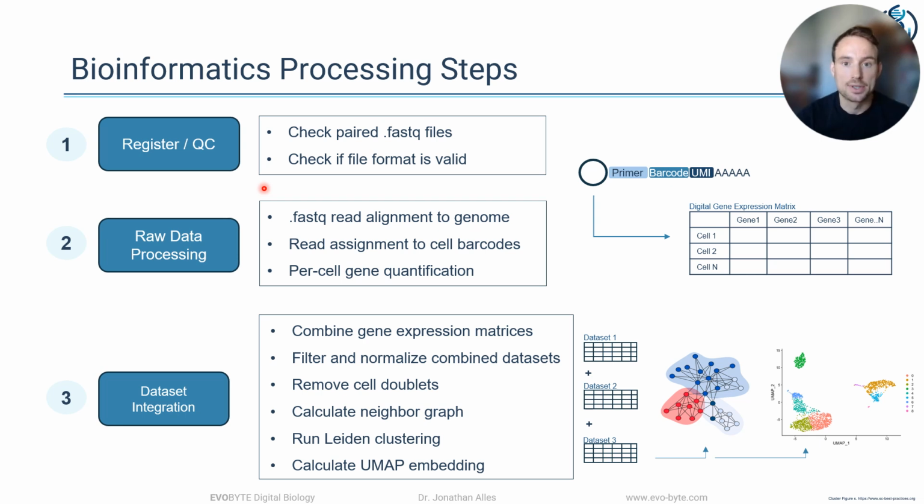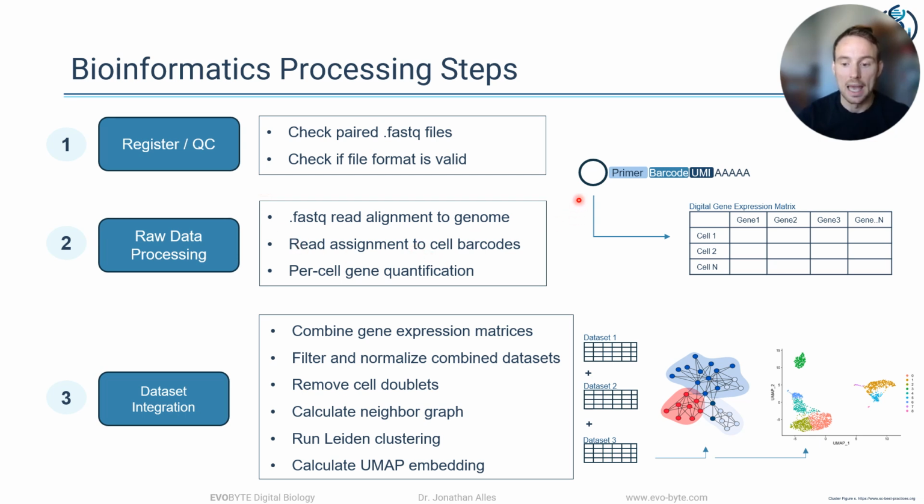Then for each read or for each set of paired reads, this read set is also referenced to the cell barcode that is sequenced, so that later for each cell that was sequenced, all the reads can be collected and the genes can be quantified for each of those cells.